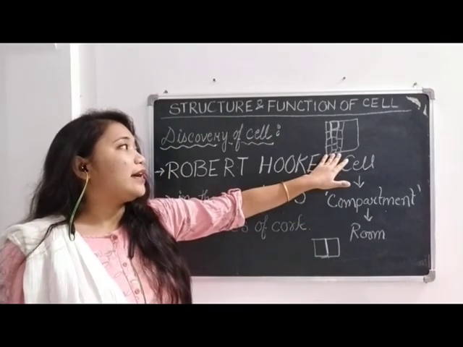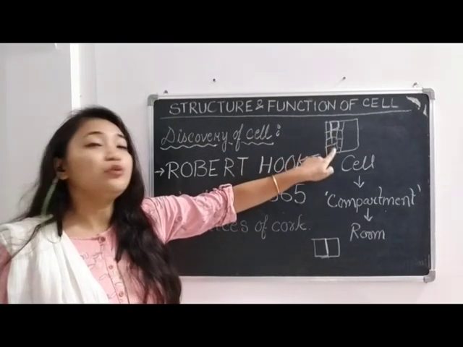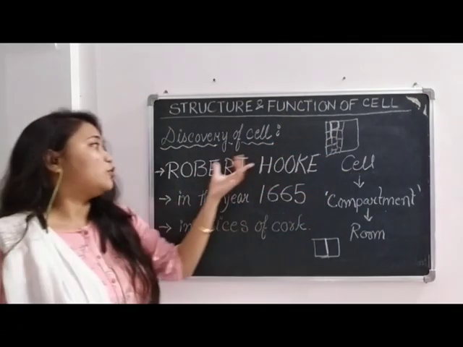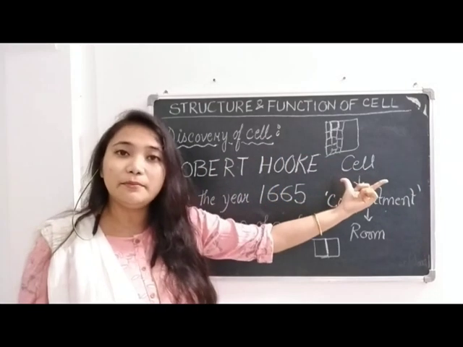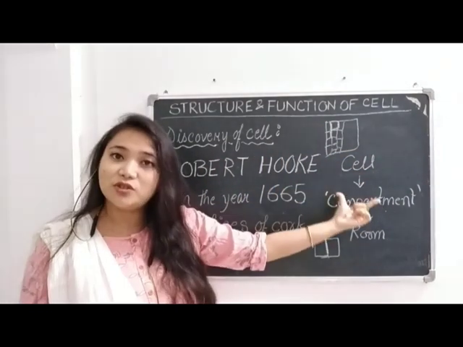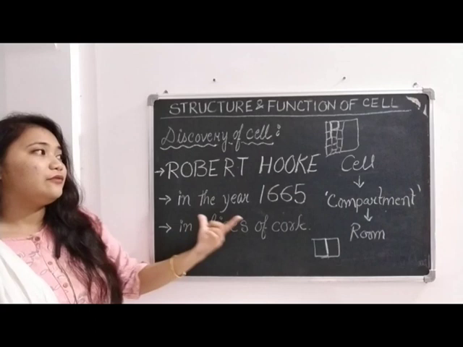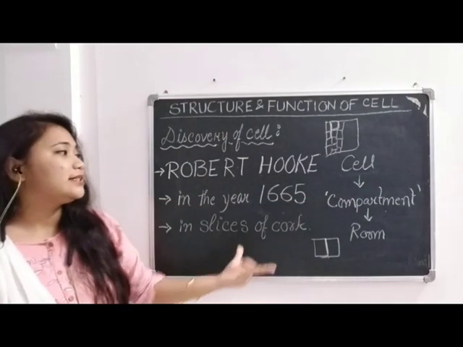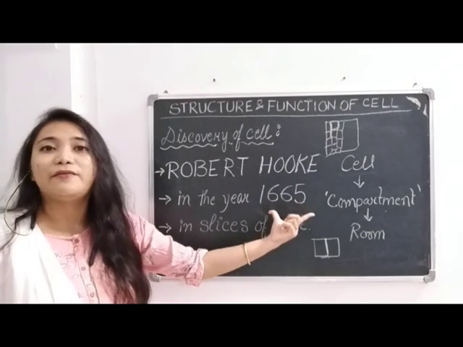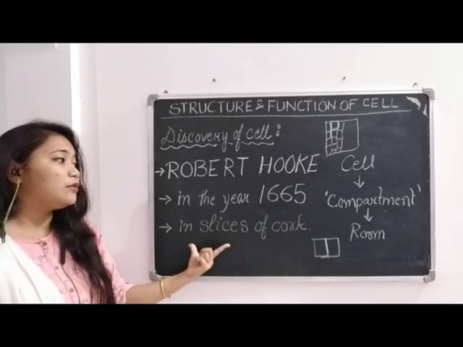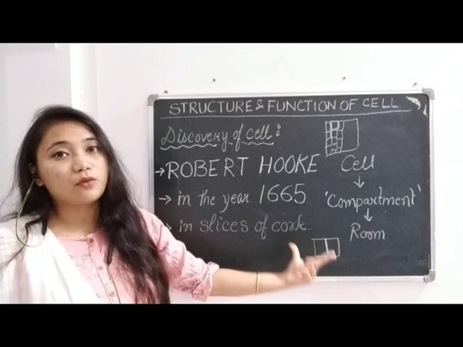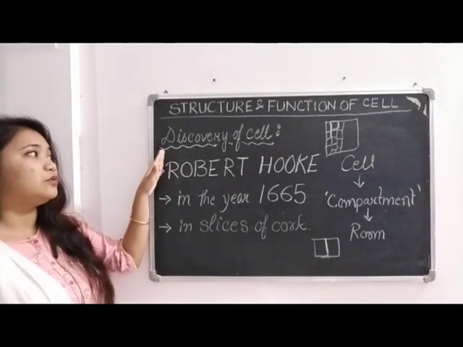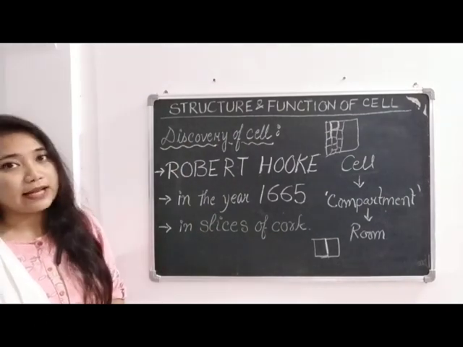So this is why he called these small room-like structures cells. Robert Hooke gave the name cell to this structure, and today we all know it as cell only. It hasn't changed since 1665. And where did he find it? He found it in the slices of cork. So I think the discovery of the cell should be clear by now.